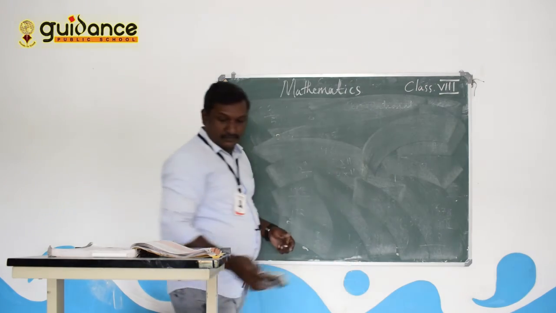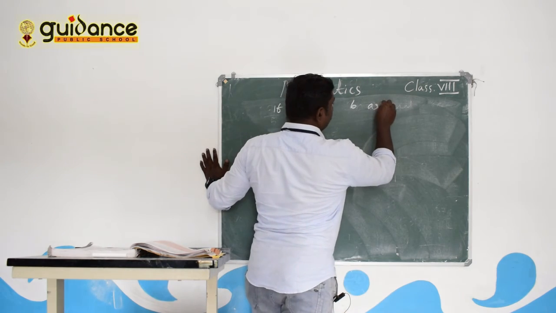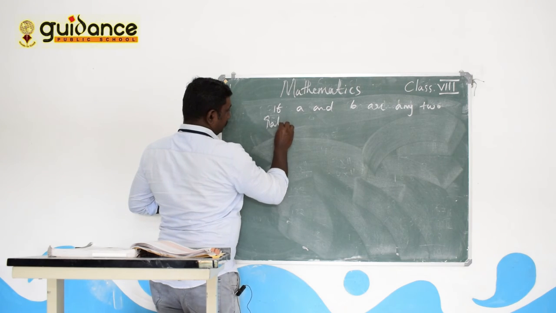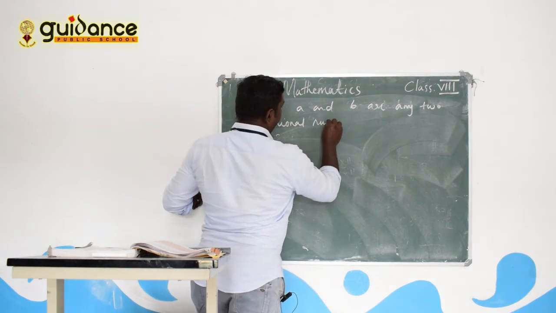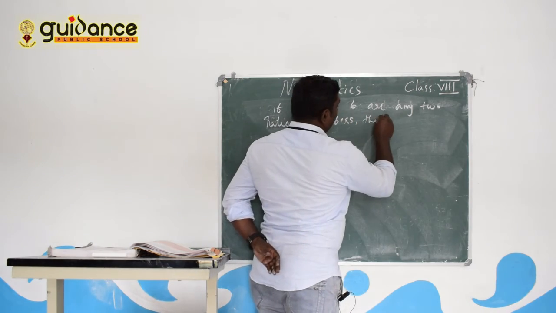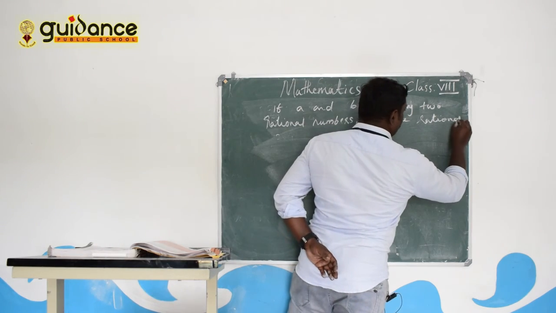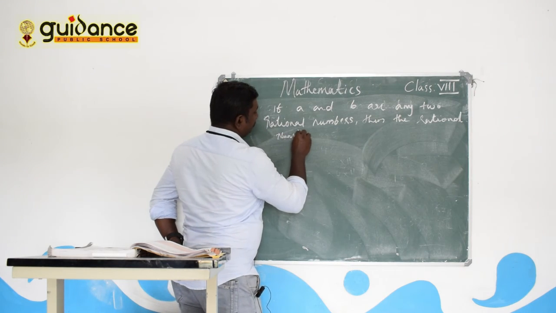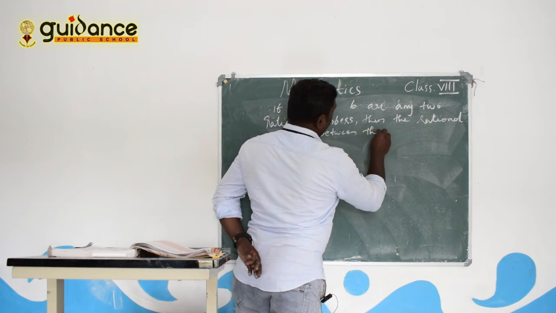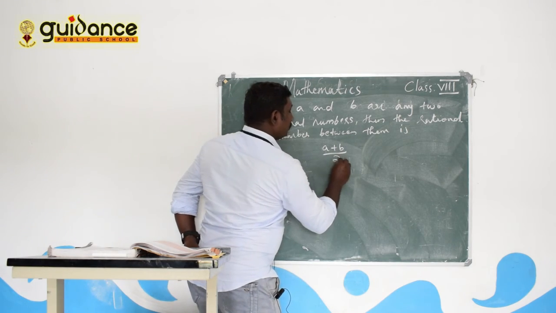We can just say, if a and b are any two rational numbers, then the rational number between them is a plus b by 2.